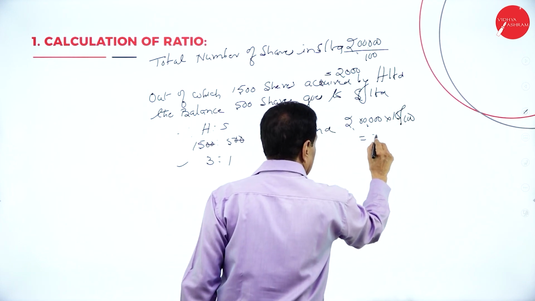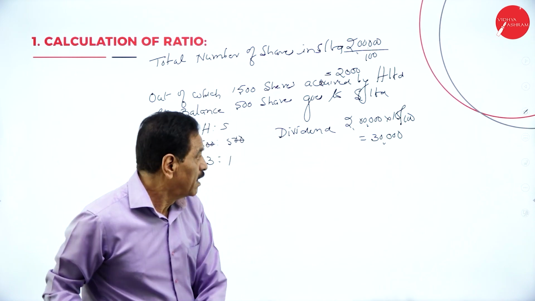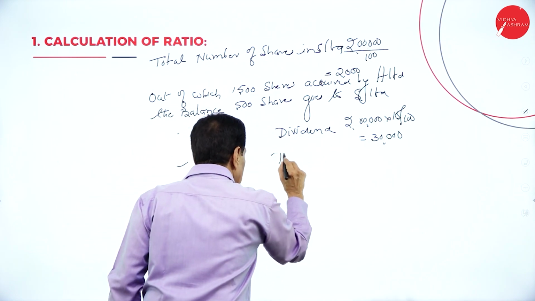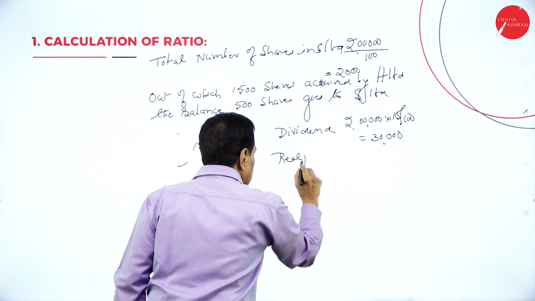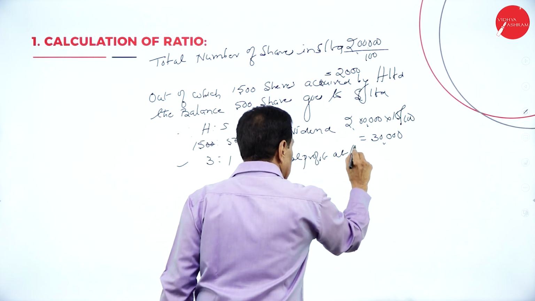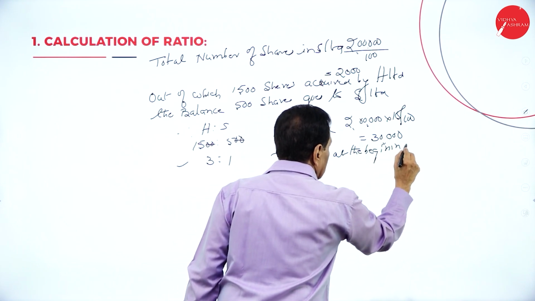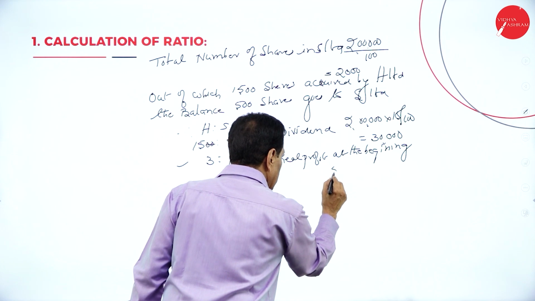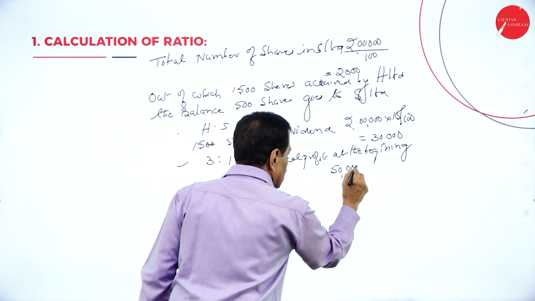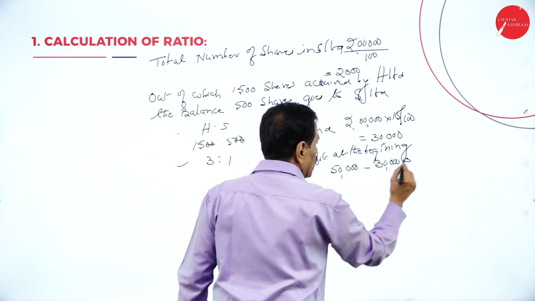This is 30,000. So, real profit at the beginning: 50,000 minus 30,000 is equal to 20,000.